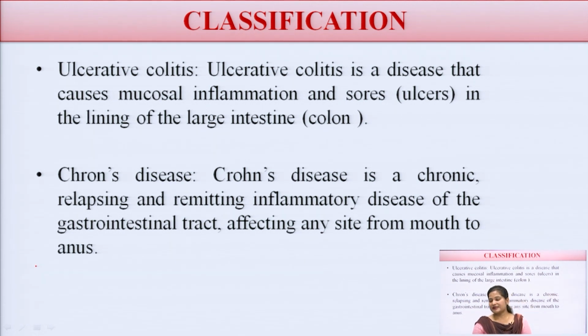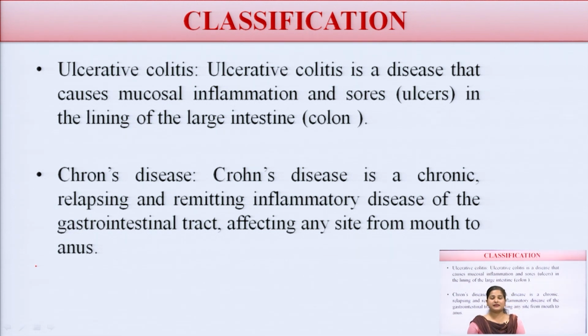So ulcerative colitis is a disease that causes mucosal inflammation, and due to mucosal inflammation, it causes sores in the lining of the large intestine. So basically, the main points you have to learn about ulcerative colitis: it is a disease which causes mucosal inflammation.